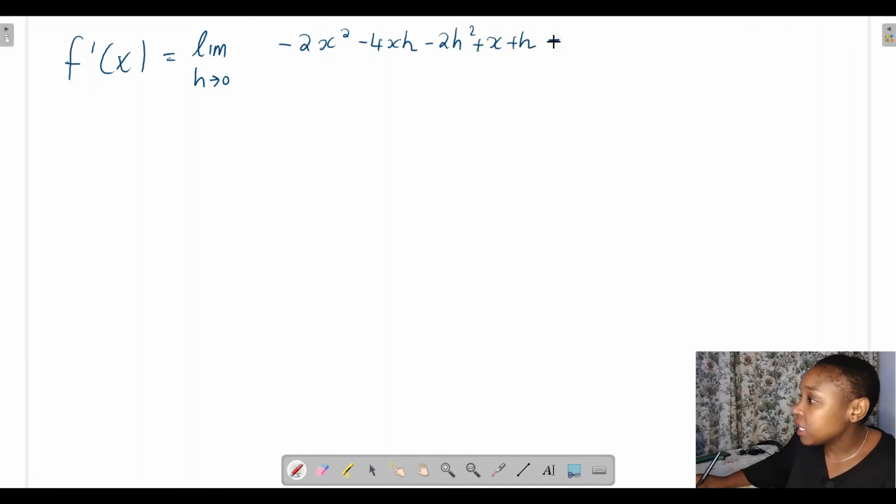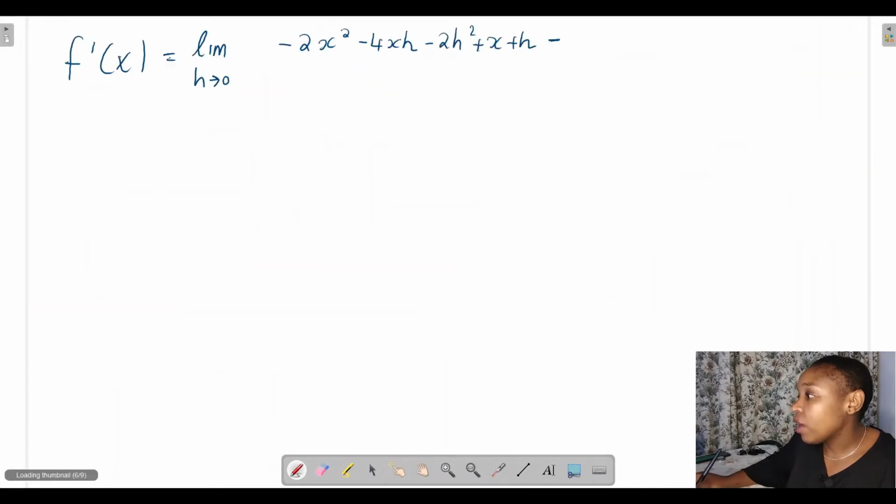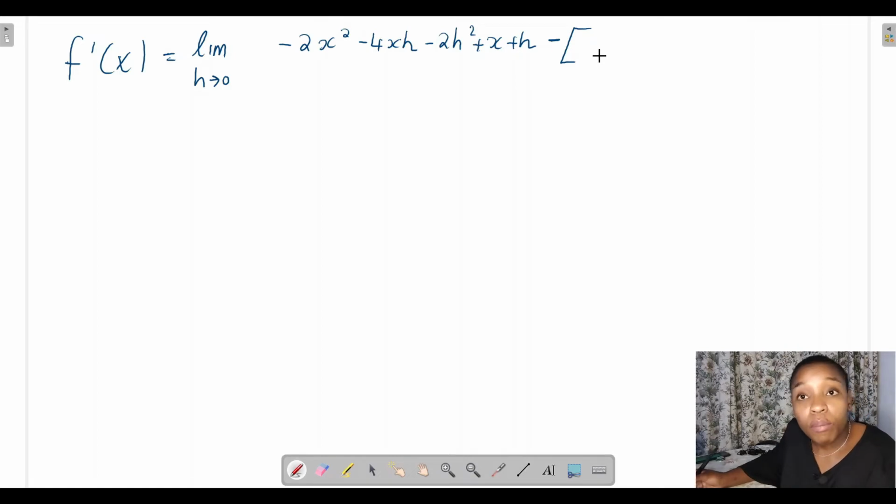Okay, minus, remember we've got a minus there, right? F of x, right? So what is our f of x value? Please make sure that you put a bracket there, because if you don't put that bracket there, you are going to forget that you're supposed to multiply that negative in, right? So what is our f of x, guys? We know that our f of x is negative 2x squared plus x, okay, all over our h.